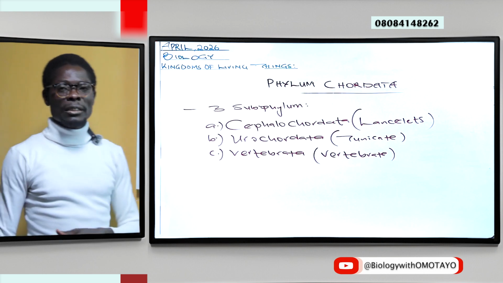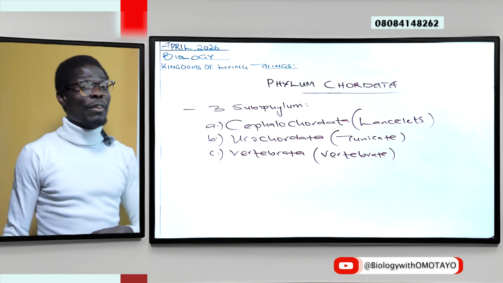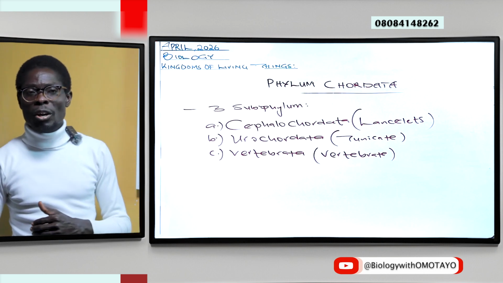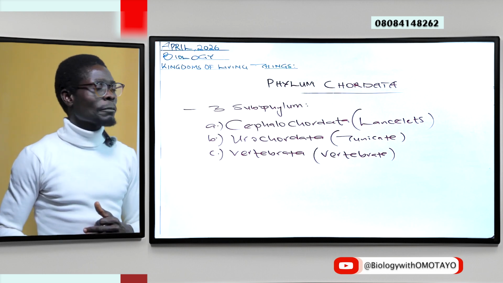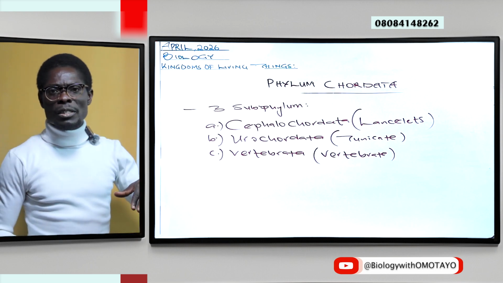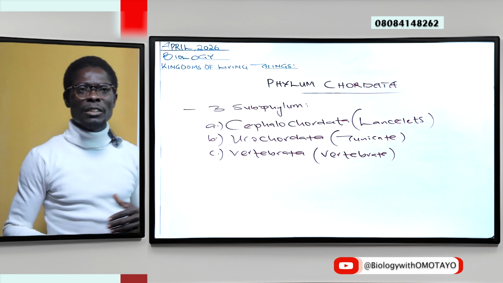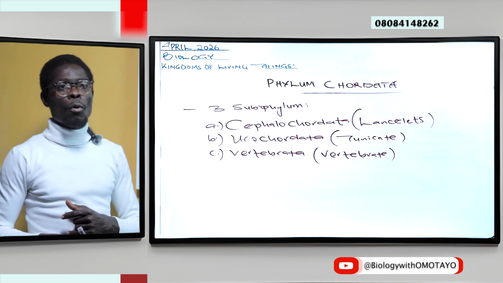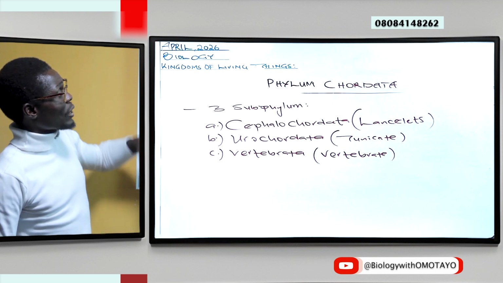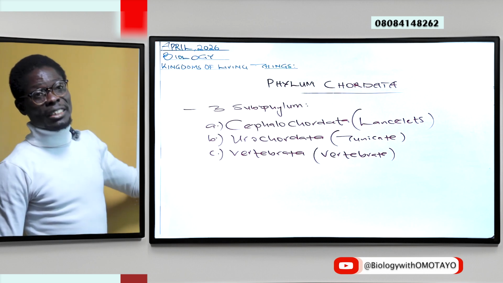Now, with these three as subphyla under phylum Chordata, we'll look at other examples of organisms that can be further identified under this very phylum. So we have Cephalochordata, Urochordata, and Vertebrata.